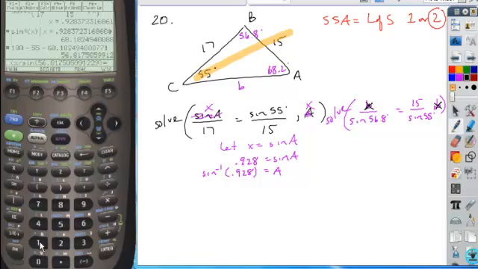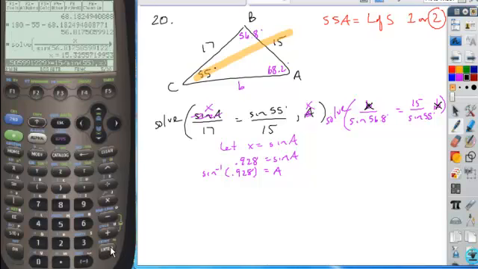Set that equal to the ratio 15 divided by the sine of 55. Comma x identifies that that's the variable we're solving for. When I hit enter, I get my solution. B is 15.3 if you're rounding it to the nearest tenth.